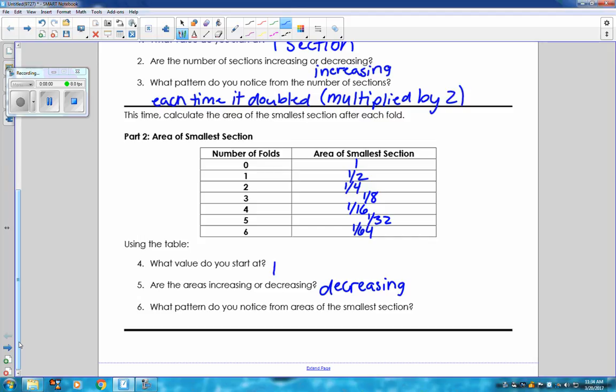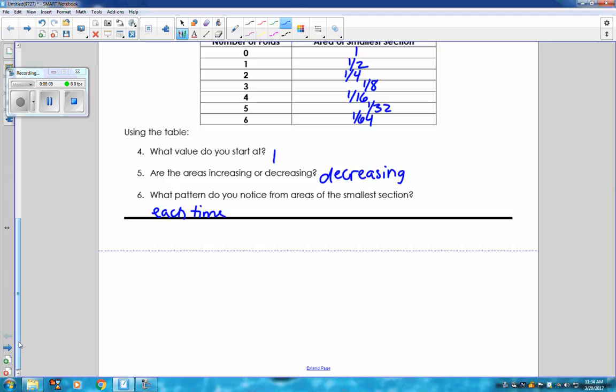So each time we cut in half, each time it got cut in half or it was divided by 2.